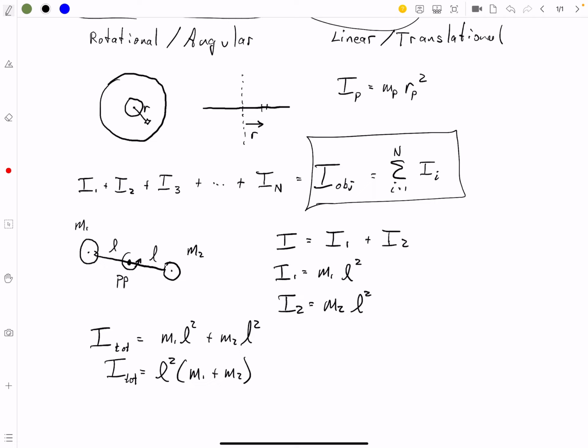Now, what if those M's are equal to each other? If M1 equals M2, we'll say that's M. Then we have two of them. So now our I total equals 2ML squared. So for a dumbbell, we have just figured out what the moment of inertia theoretically should be.